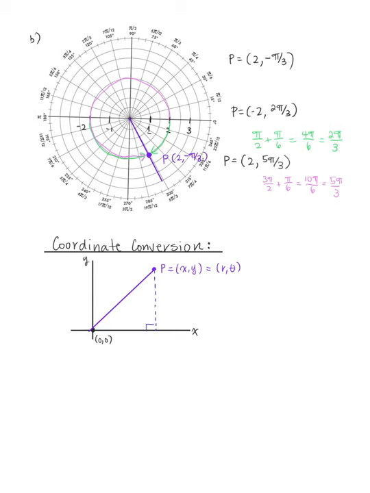The distance from here to here, let's call x. The distance from here to here will be y. And from here to here is our angle theta.